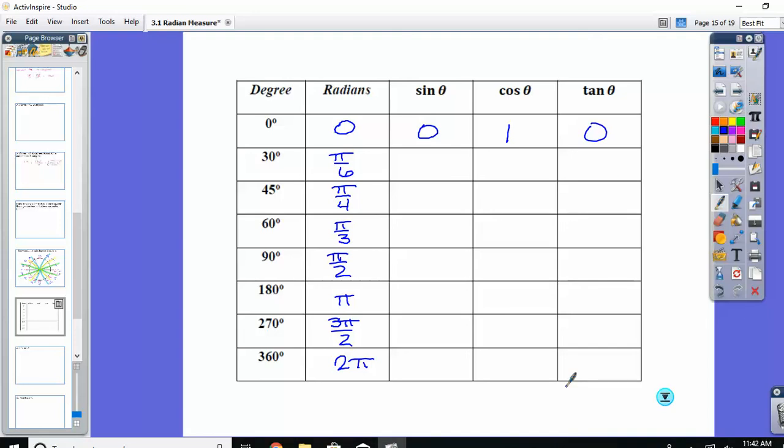At 30 degrees, or I might say when theta is pi over 6, sine is 1/2. Cosine is radical 3 over 2. Tangent is radical 1 over radical 3, so radical 3 over 3.